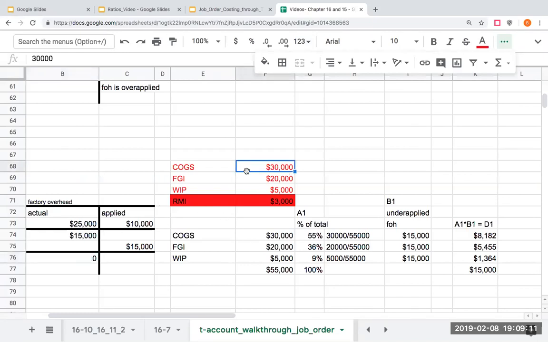If I put the 15,000 in here, I'm overstating it by a pretty significant amount. So what I want to do instead is allocate the underapplied factory overhead to those accounts where factory overhead was included. Note, I do not include raw materials inventory because that was not in one of my accounts.